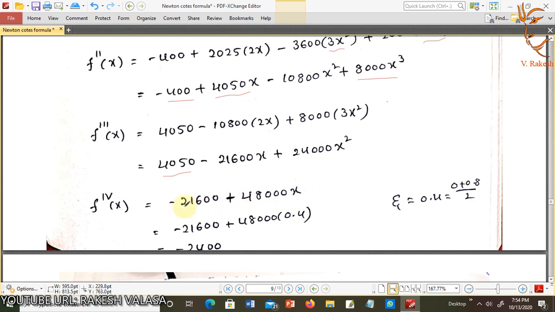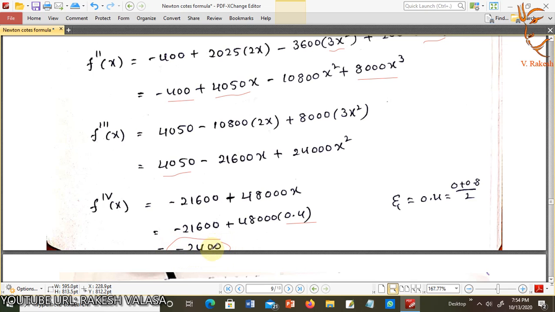Now substitute the zeta value. Zeta means average of the given limits. Limits are a equals 0, b equals 0.8, 0 plus 0.8 by 2, that means 0.4. Now substitute 0.4 here, we get fourth derivative of zeta equal to minus 2400.